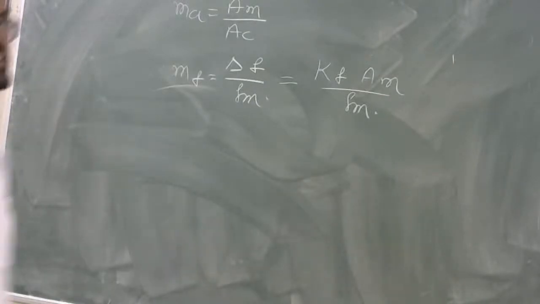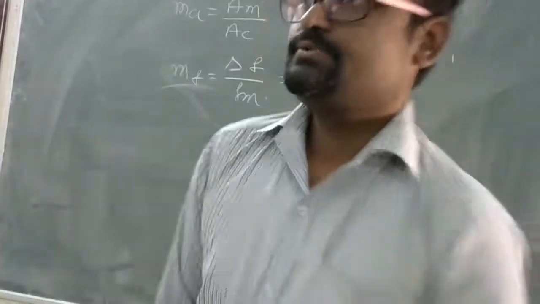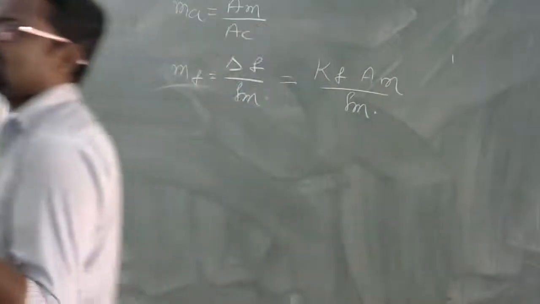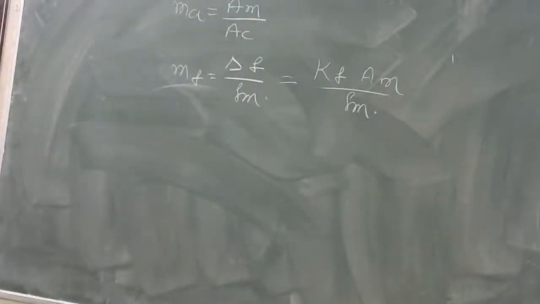There are 4 different things that you have to calculate. First one is carrier frequency, second is the frequency deviation, third is the carrier swing, and the last one is the modulation index.